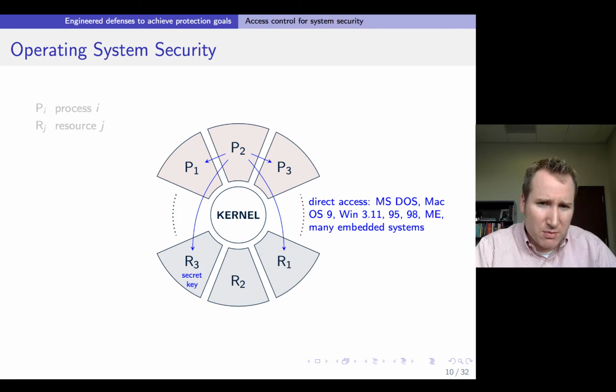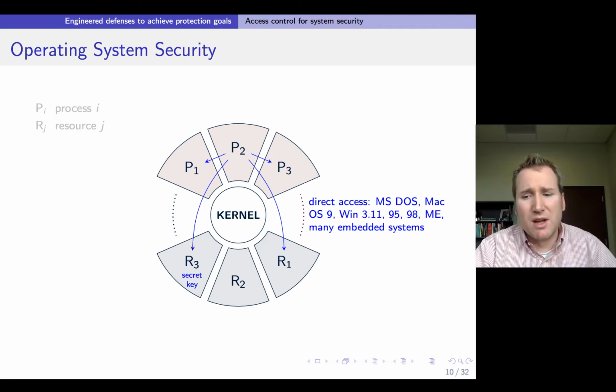And so the problem with this is that it becomes very difficult, if not impossible, to regulate what a given process can do. So let's say you want to restrict process P2 from doing operating system level activities. Well, if it can directly access other resources, it's much harder to enforce that.